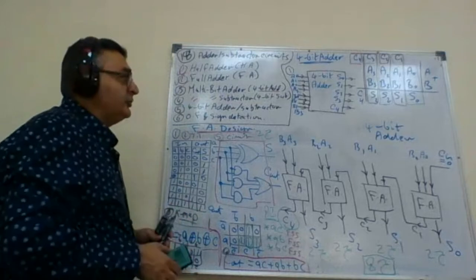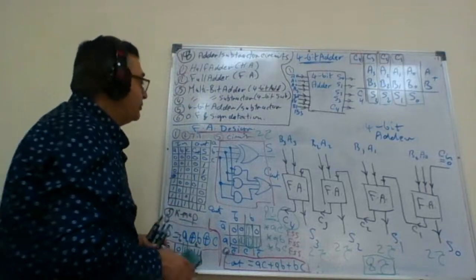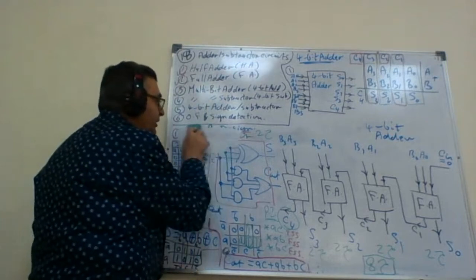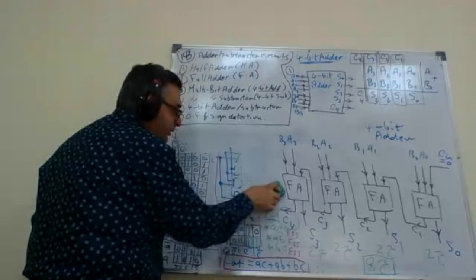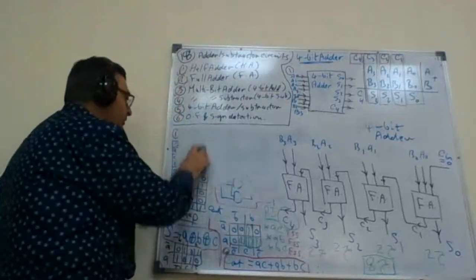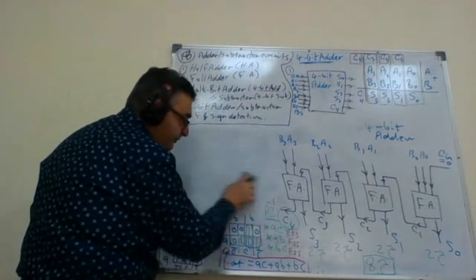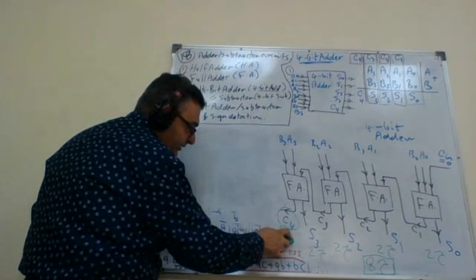Let me just remove the design of the full adder that we finished yesterday. We don't need it anymore. We already used the basic block for the full adder, and this is good enough. The detail of the design we already covered in our previous lecture.